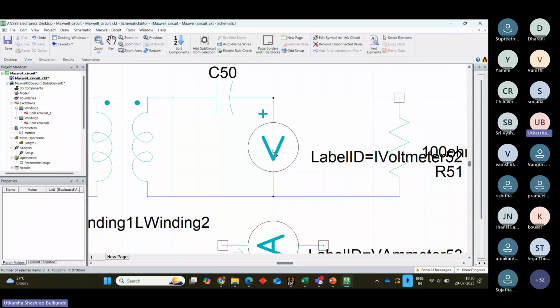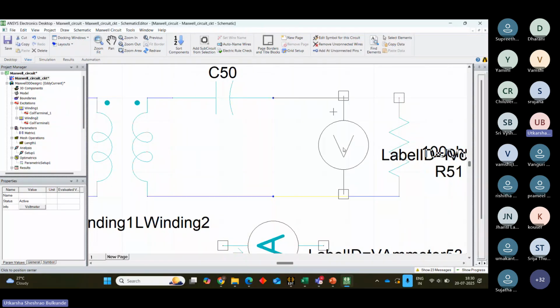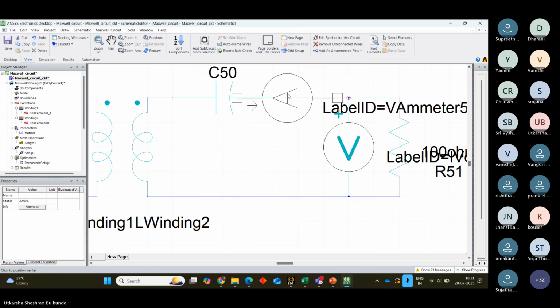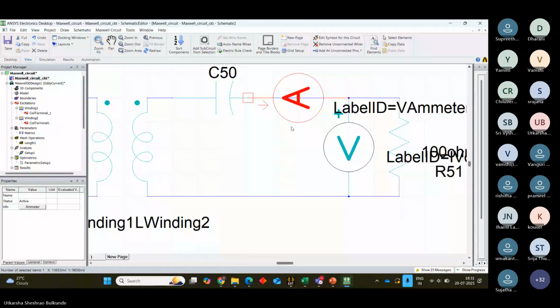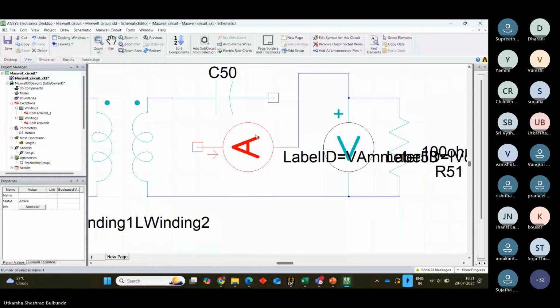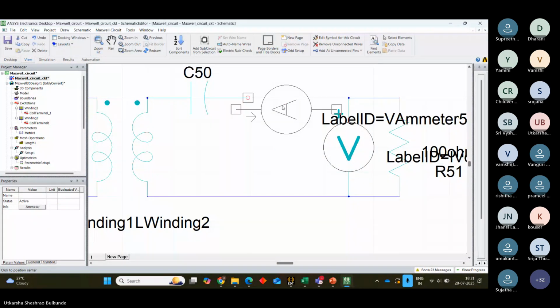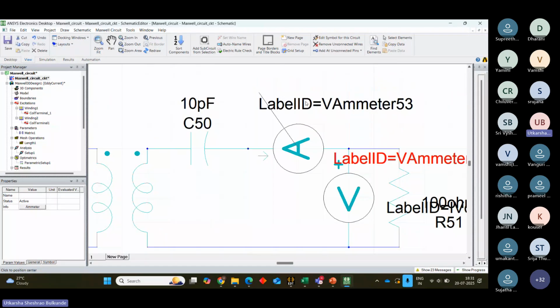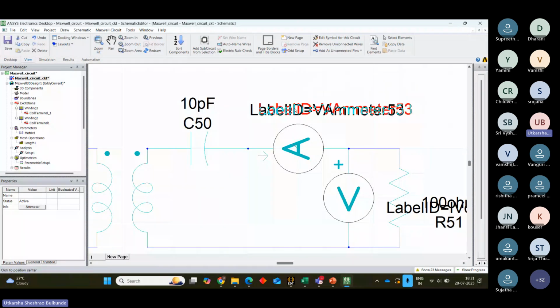Now I'm just adjusting the components such that your ammeter fits. Okay. So this voltmeter will give you the output voltage here, right? So this ammeter will give you the output current.